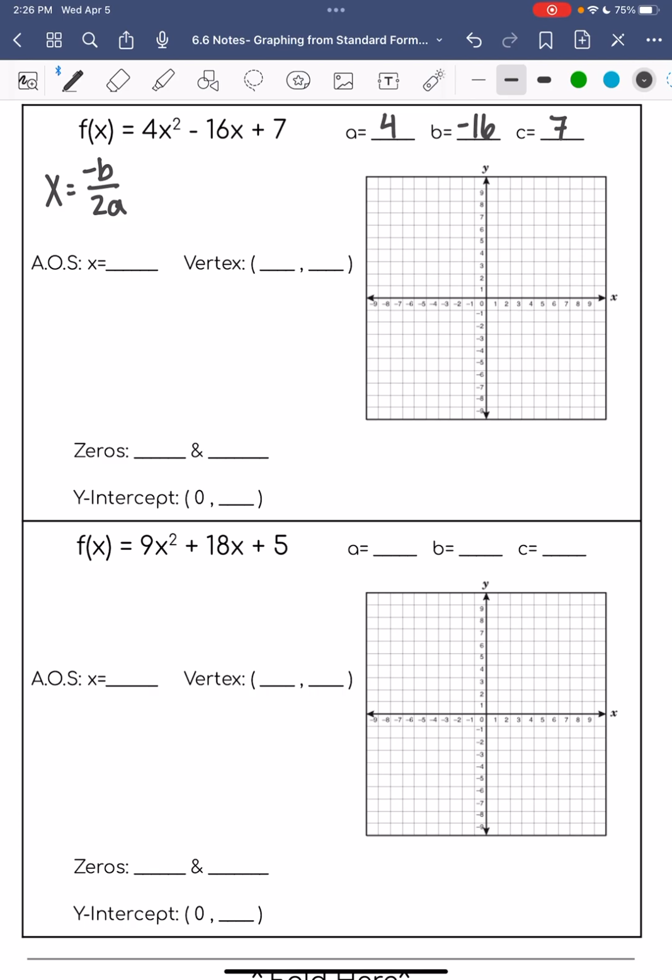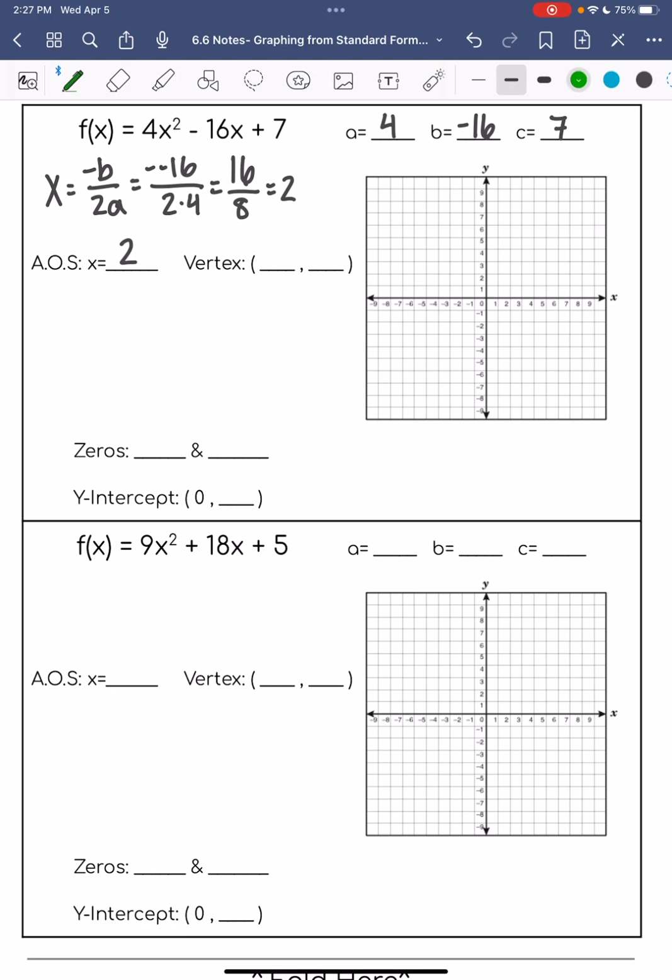So we fill in b. That's going to be negative 16 on top of our fraction over 2a, which is 2 times 4. Now negative 16 is positive 16. On the bottom, 2 times 4 is 8. So I've got 16 over 8, which is just 2. That means my axis of symmetry is 2.